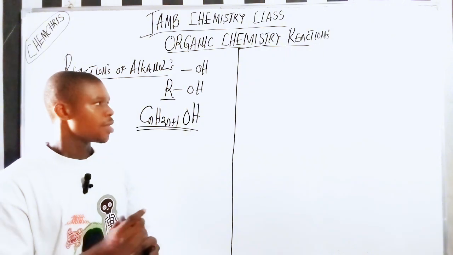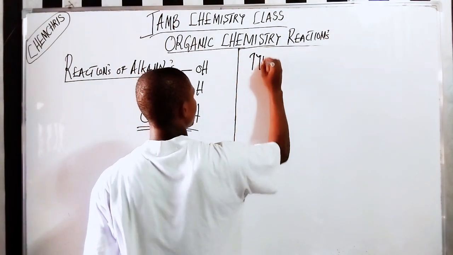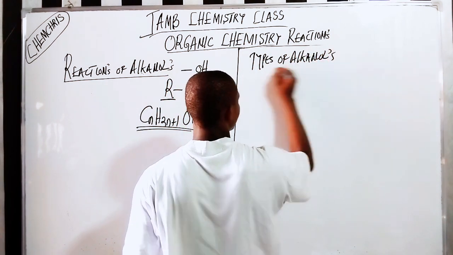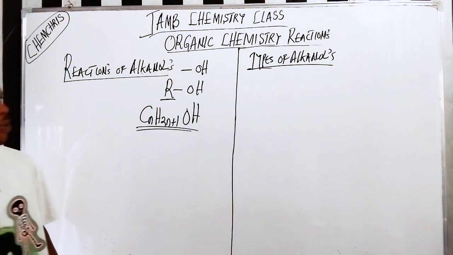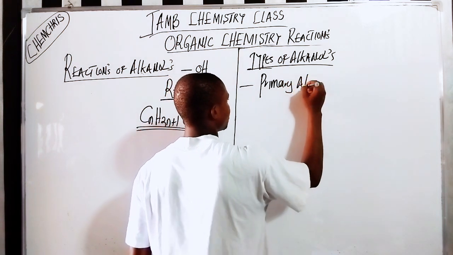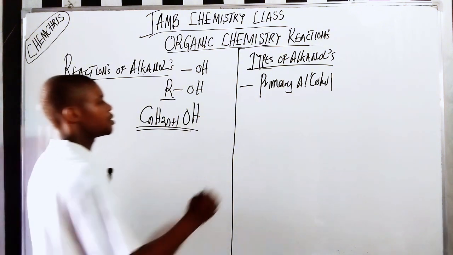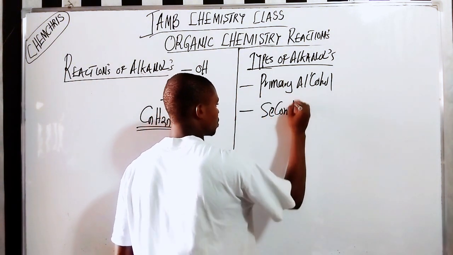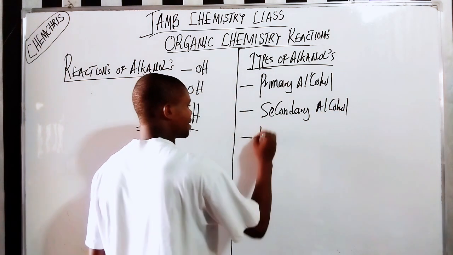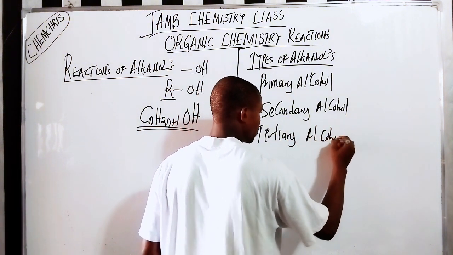Basically you have three types of alkanols: primary alcohol, secondary alcohol, and tertiary alcohol.